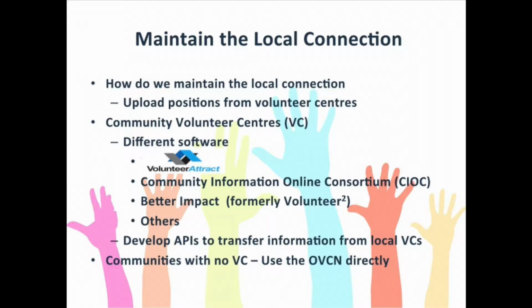But there's an issue. We have, I think, 24 volunteer centers in Ontario, plus lots of places where one doesn't exist. So the volunteer centers in Ontario use different software. Two or three of them use ours. There's CEOC, which has been around since the 90s, as I remember it.